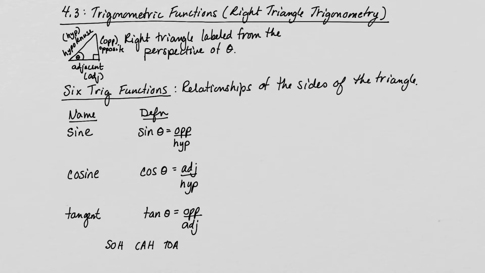Okay, so there are 6 trig functions, but I only put 3 up so far, right? The reason I only put the first 3 up is that the other 3 are just these 3 trig functions flipped over. What goes with the sine is the cosecant, and that's CSC of theta, equal to the hypotenuse over the opposite.